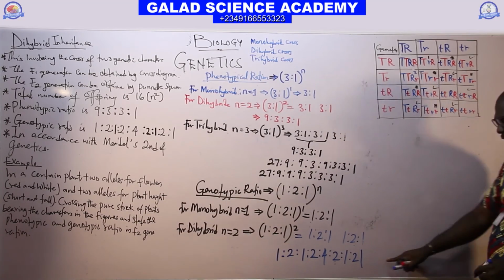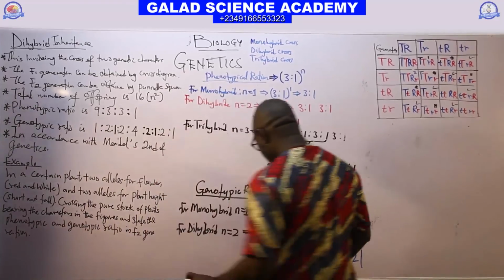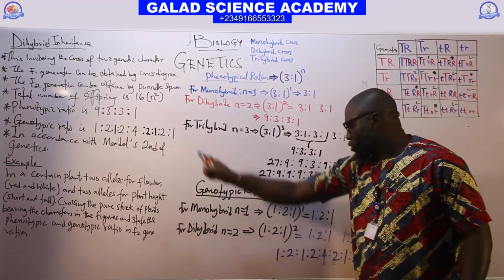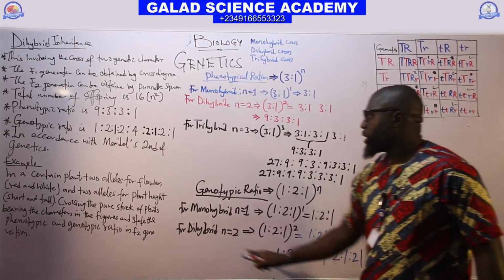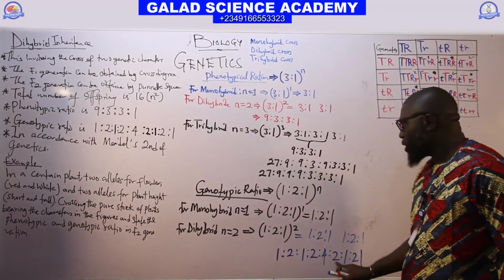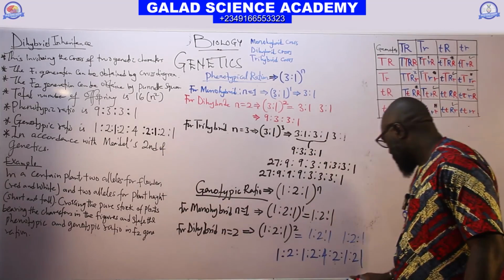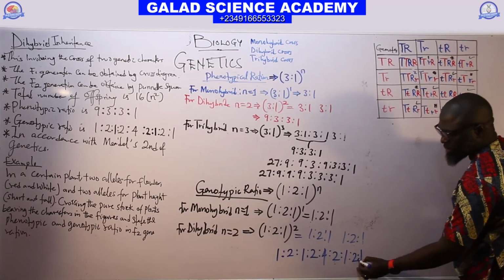If you check it here, it will be almost the same. See it here: ratio 1:2:1, 1:2:1 again. We have 4, we have 2, we have 1, we have 2, and we have ratio 1.